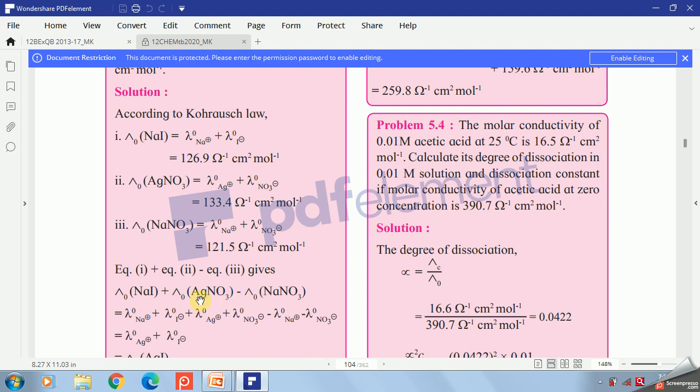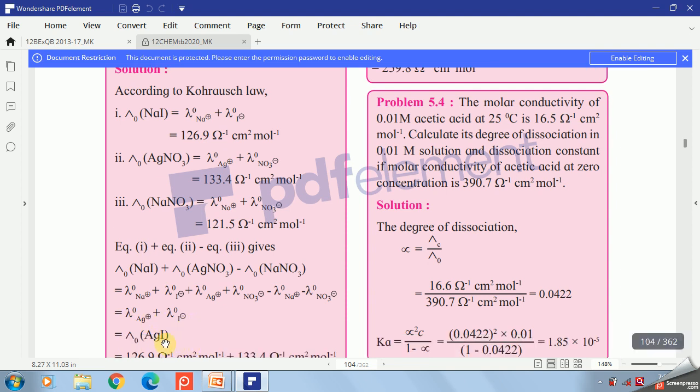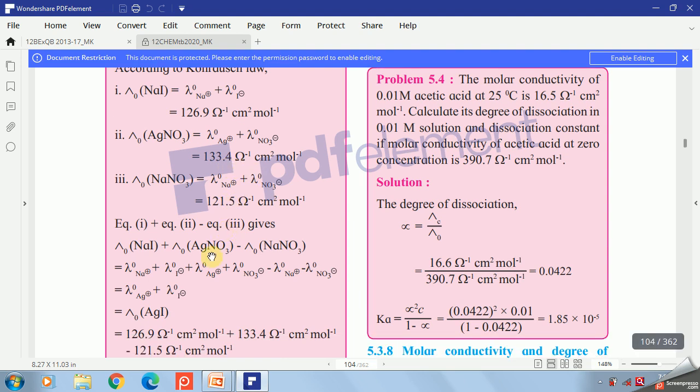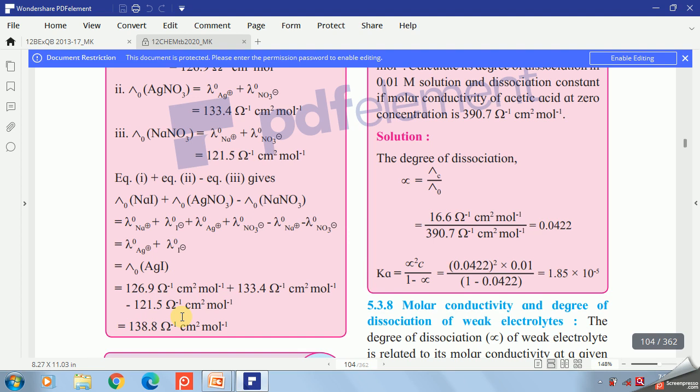So if you cancel the common terms, molar conductivity of Ag plus plus molar conductivity of I minus is the molar conductivity of AgI. So substituting the values, 126.9 plus 133.4 minus 121.5, we get 138.8 ohm inverse centimeter square per mole.